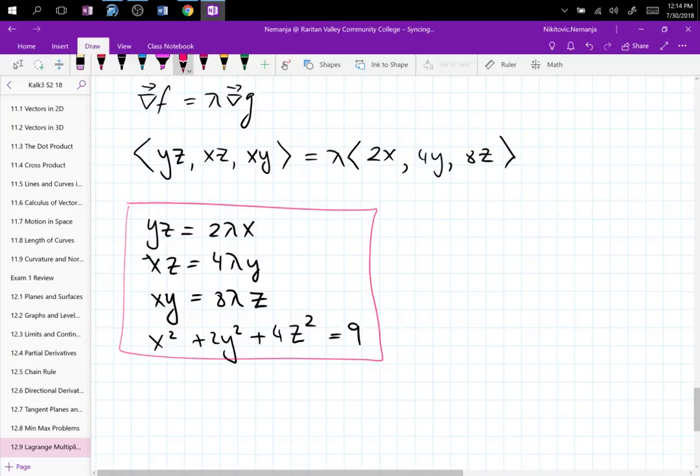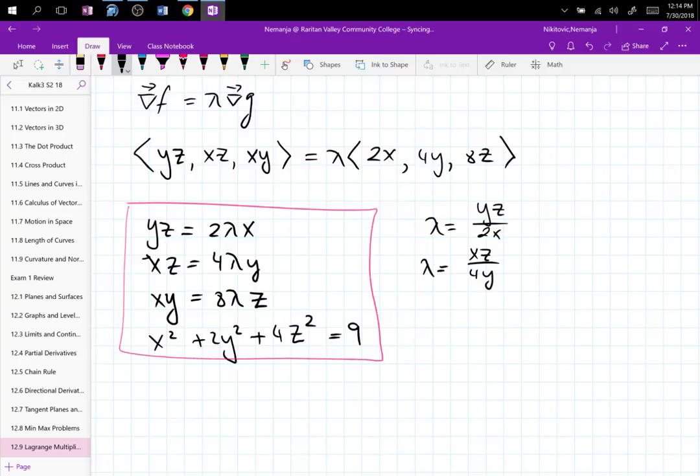So from the first equation, lambda is equal to yz over 2x. And over here, lambda is equal to xz over 4y. And lambda is equal to xy over 8z. So that's these.